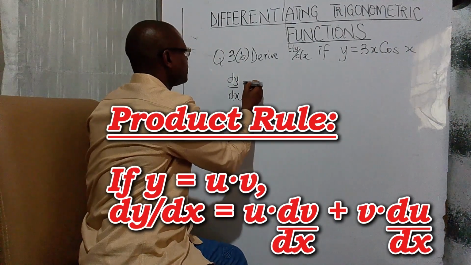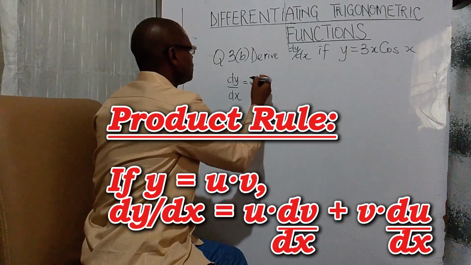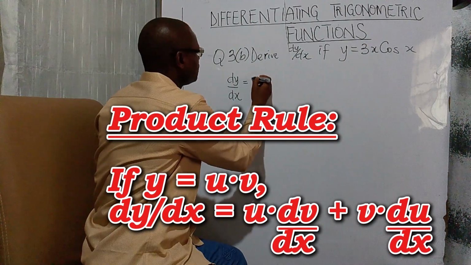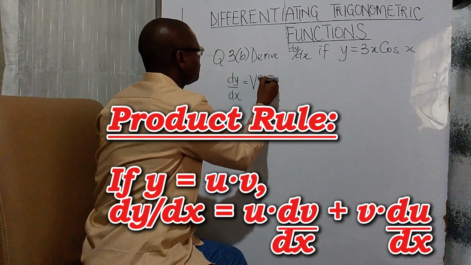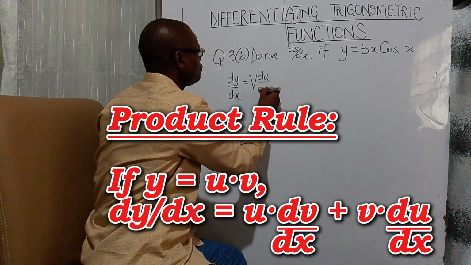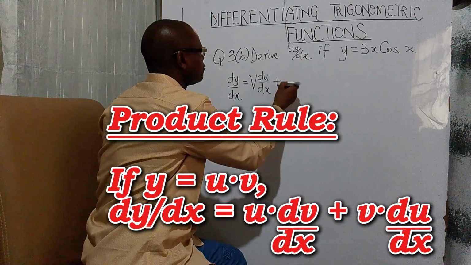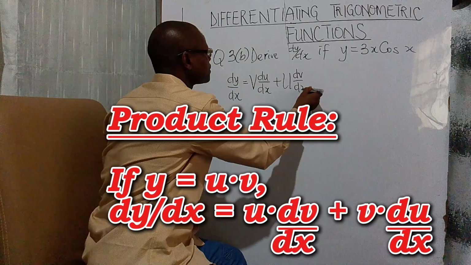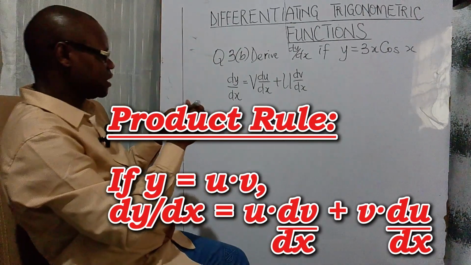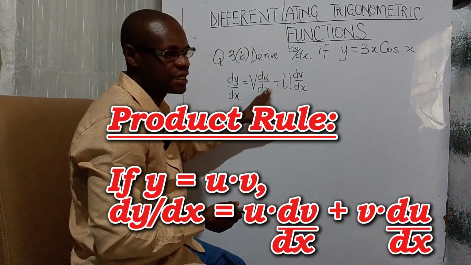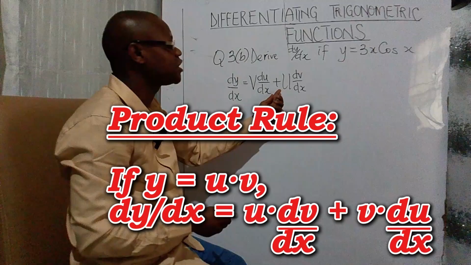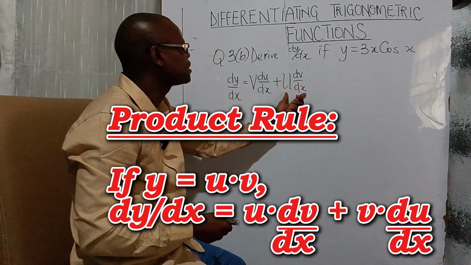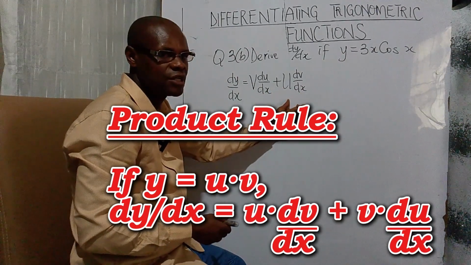We have dy dx to be v du dx plus u dv dx. Please take note that either of these can come first as long as we are making use of addition. So this can come first and this can come second.